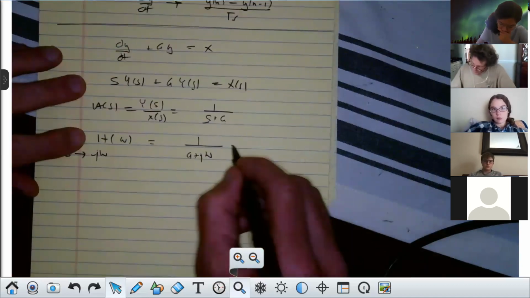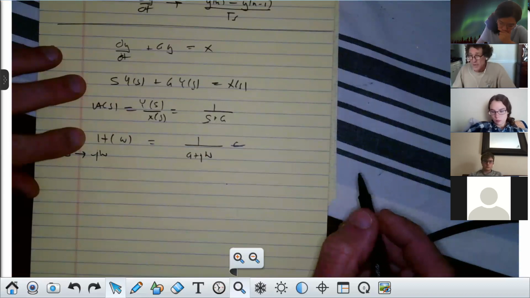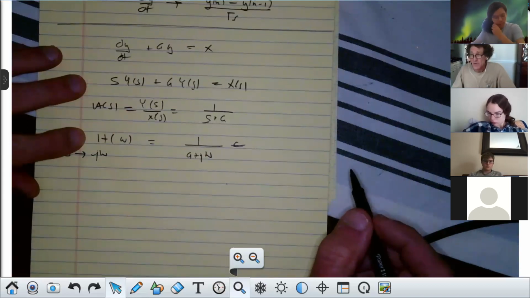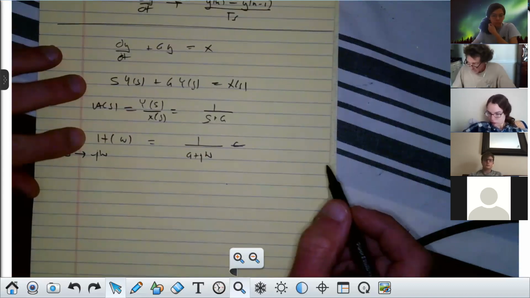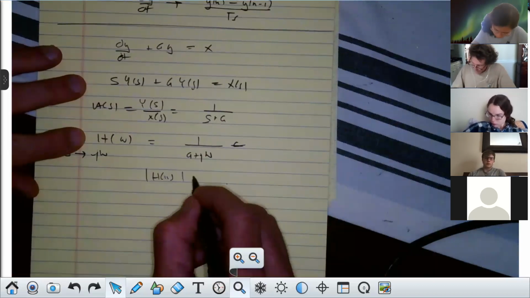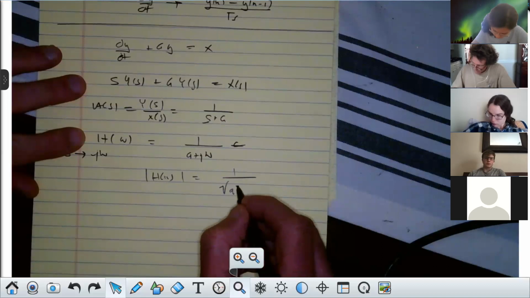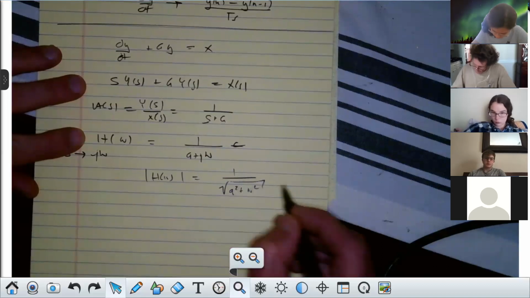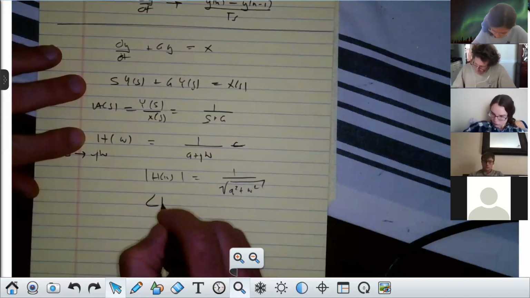So this is a frequency domain response, and we could get magnitude and phase from here, couldn't we? The magnitude would be 1 over the square root of a squared plus omega squared. And what would the phase of H of omega be?